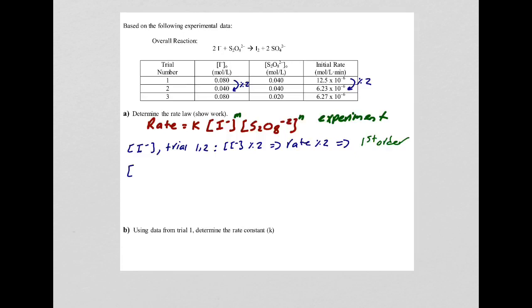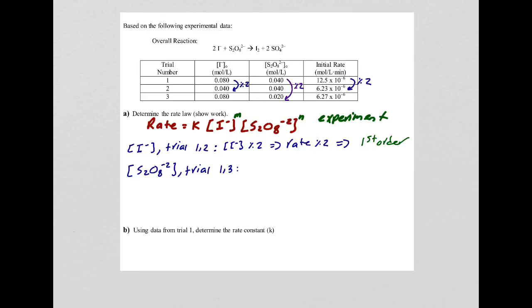Now, the next one is S2O8 minus 2. Which 2 trials are you going to look at? You're going to look at trial 1 and 3, because if you look at trial 1 and 3, the I minus remains constant, and that's good. So now let's look here. S2O8 is changing. It goes from 0.04 to 0.02.